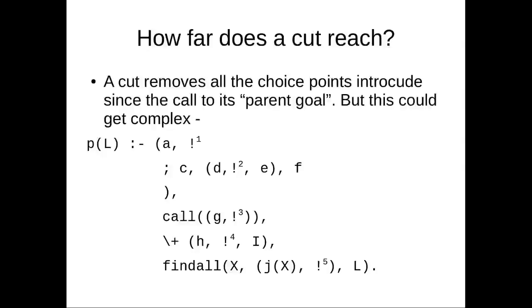Okay, but this could get kind of complicated. The semicolon is the disjunction operator. I'll cover that at some point here. By the way, I caution you to shy away from it. And call takes a single argument, which is a goal, and executes it, queries it.